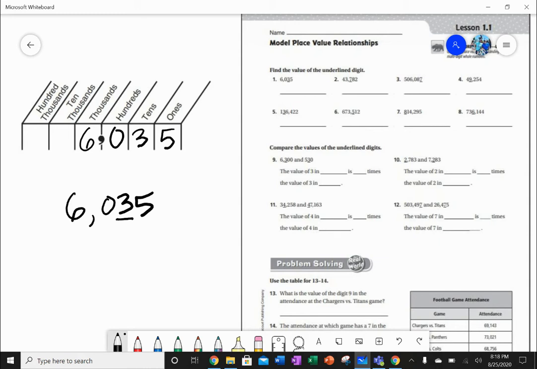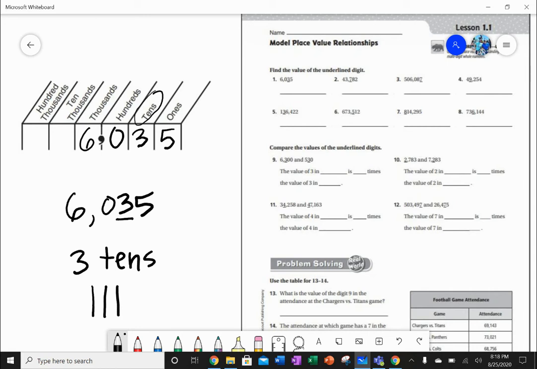Now, the underlined digit is 3. And if I look up here, it's under the tens place. So that means I have 3 tens. Now, if I were to draw this using my drawing tools or my little shapes or base 10 blocks to represent them, we came up with in our notes that we can do lines. So these are 3 tens.